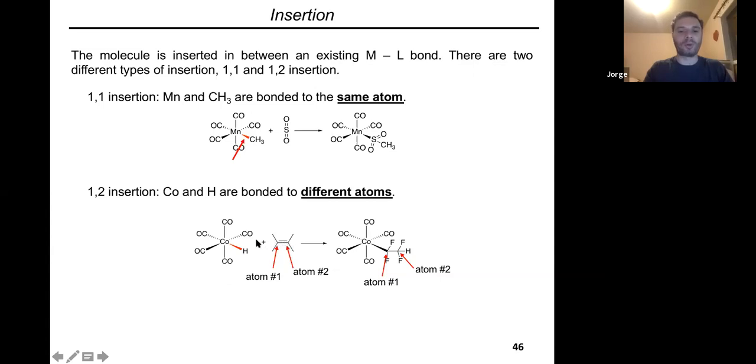This whole compound is going to be inserted in between cobalt and hydride. Now the carbon number 1 is bonded to cobalt and the carbon number 2 is bonded to hydrogen. So can you see that cobalt and hydrogen are bonded now to different atoms? Therefore, this is defined as 1,2 insertion.